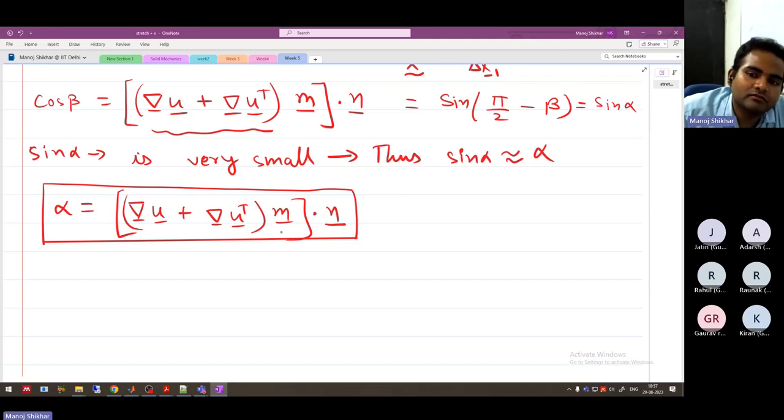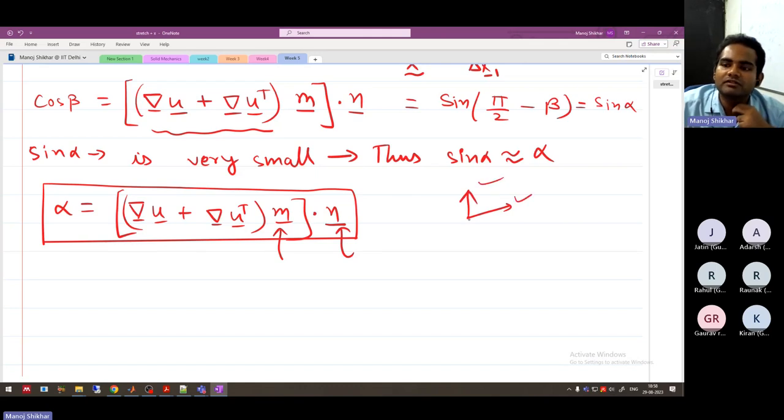Things to keep in mind here: the shear strain depends upon the direction of the line elements which we have considered. There are many directions that can originate from the same point. If I take this direction, these are two different line elements. If I take this, then these are two different line elements.